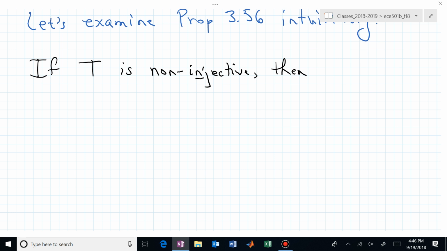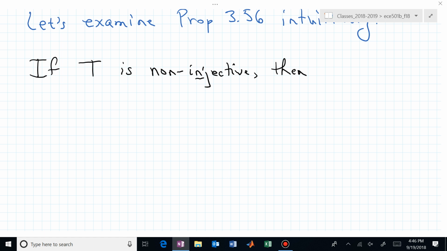So we have non-zero vectors that, when operated on by T, go to the zero vector in the output space. Well, that means we could add those vectors to other vectors in the input space and produce the same point in the output space from different input vectors.